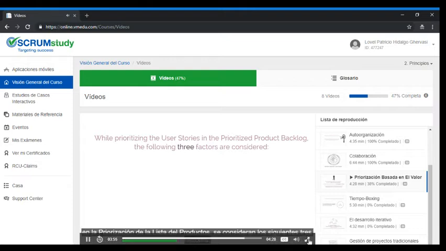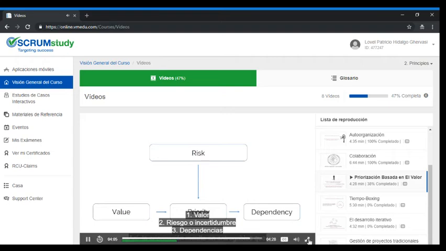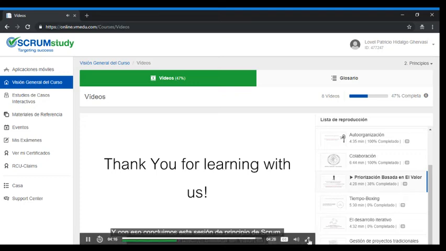That way, while prioritizing the user stories in the prioritized product backlog, 3 factors are considered: value, risk or uncertainty, and dependencies. Thus, prioritization results in deliverables that satisfy the requirements of the customer with the objective of delivering the maximum business value in the least amount of time.